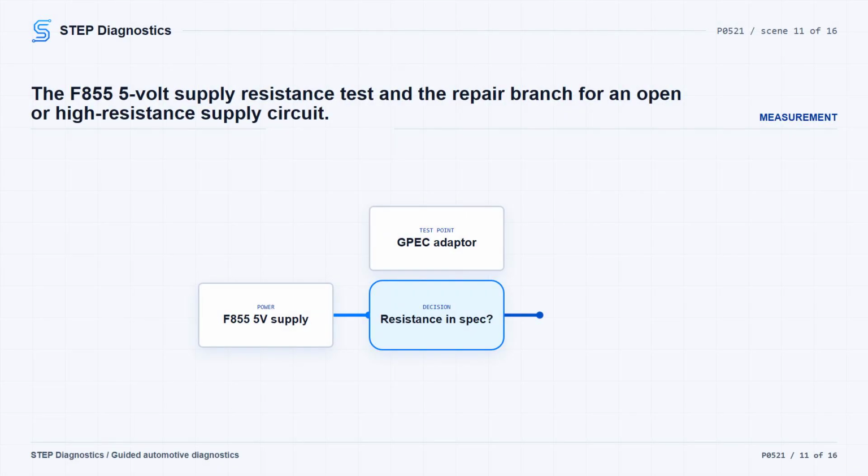Now measure resistance in the F855 5-volt supply circuit from the EOP sensor harness connector to the GPEC adapter. Again, the resistance should be below 3.0 ohms. If it is below 3.0 ohms, continue to the sensor ground circuit. If it is not below 3.0 ohms, repair the F855 5-volt supply circuit for an open or high resistance. Then verify the repair and confirm the code stays gone.